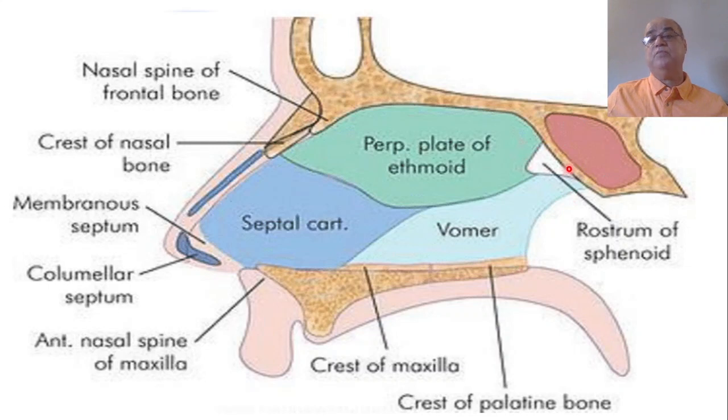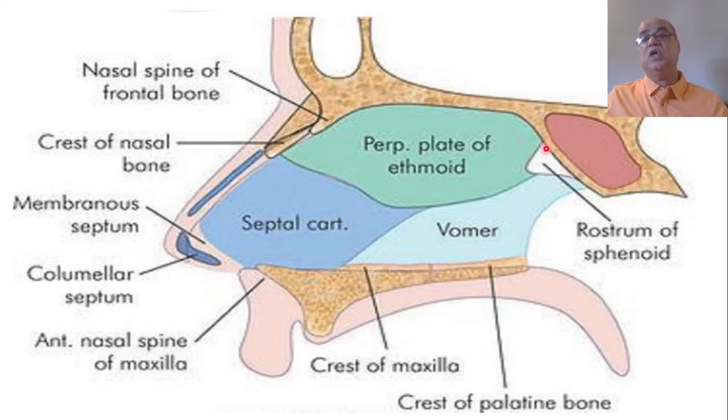This is the rostrum of the sphenoid. Below is the crest of the palatine bone, and this is the crest of the maxilla. Anteriorly there is the anterior nasal spine of the maxilla, and minor contributions are from the nasal spine of the frontal bone and the crest of the nasal bone. So here you can see the question was, nasal septal cartilage is not attached to which bone.